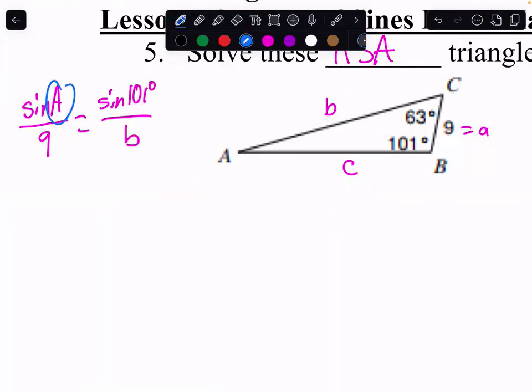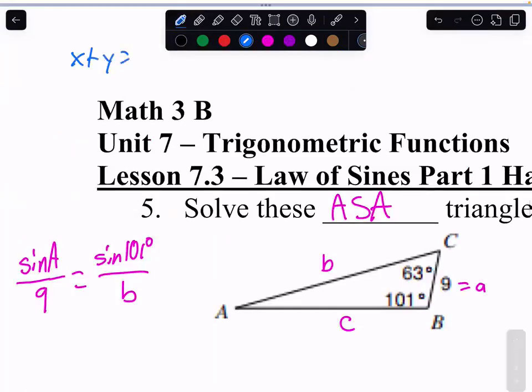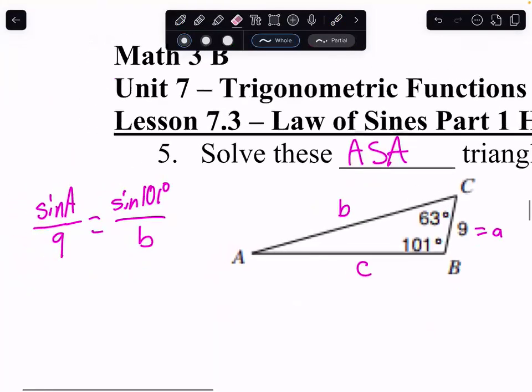So we have two different variables, which means we can't do it, right? Because if I told you x plus y equals 5, there's no way of knowing if it's 1 plus 4 or 2 plus 3 or 6 plus -1. With two variables and one equation, there's no way to solve it. So we can't do the A's and the B's.